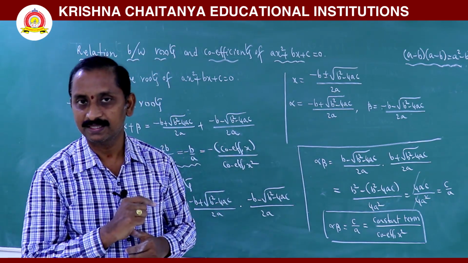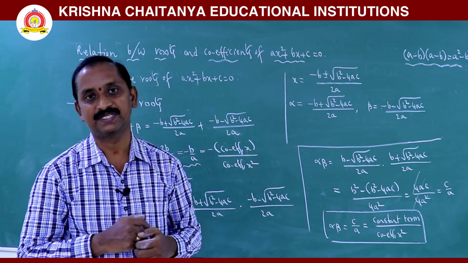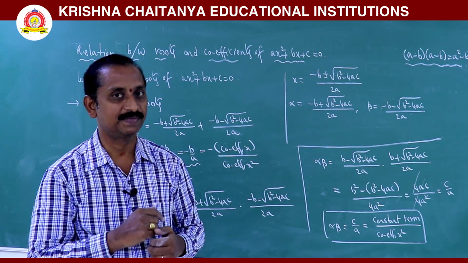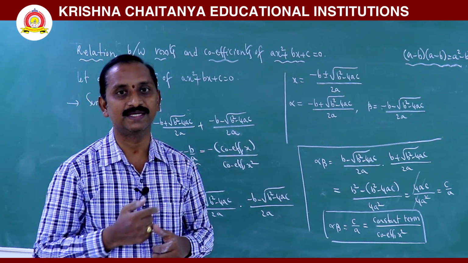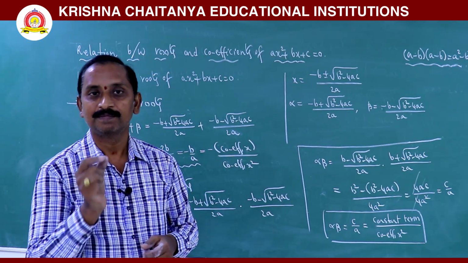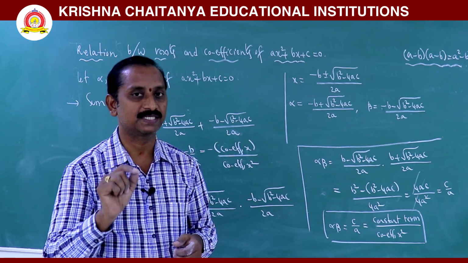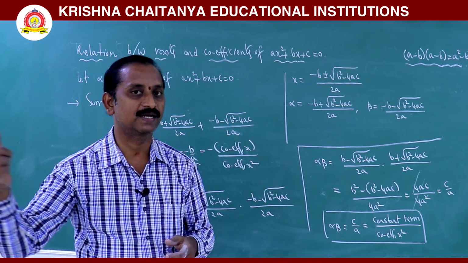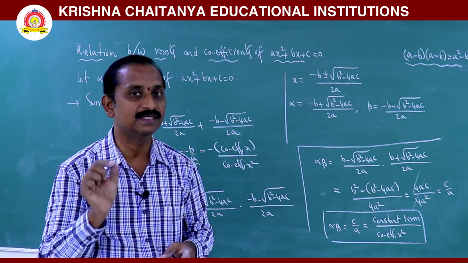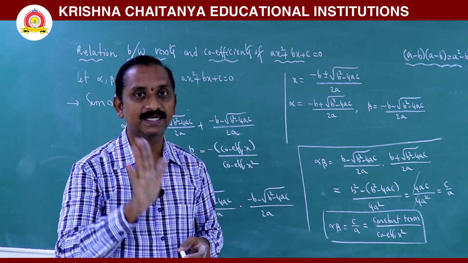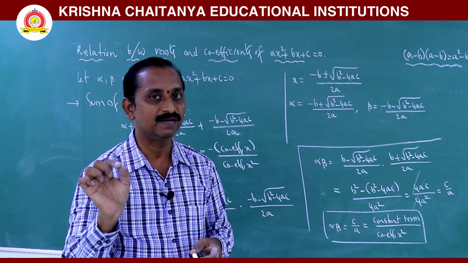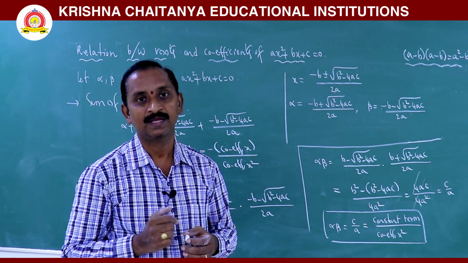Here p0 is the leading coefficient and n must be a non-negative integer. So that's why f of x is equal to p0 into x power n plus p1 into x power n minus 1 and so on plus pn is called an nth degree polynomial in variable x.